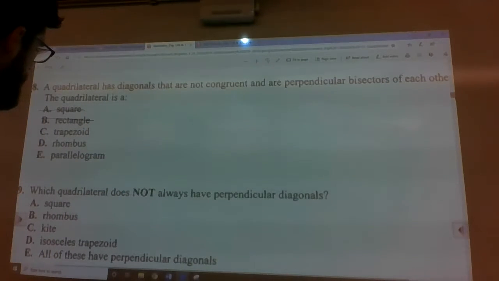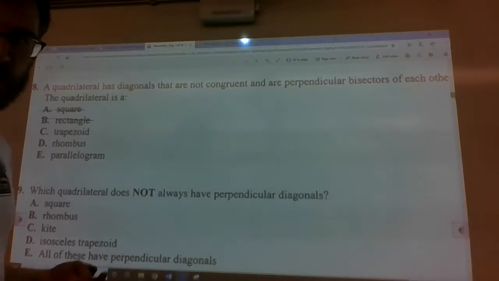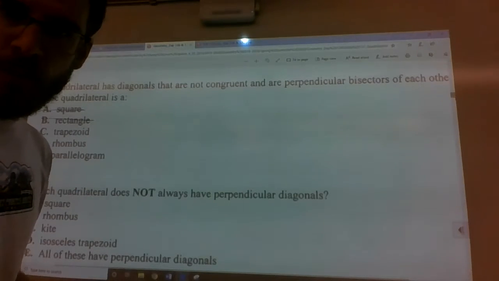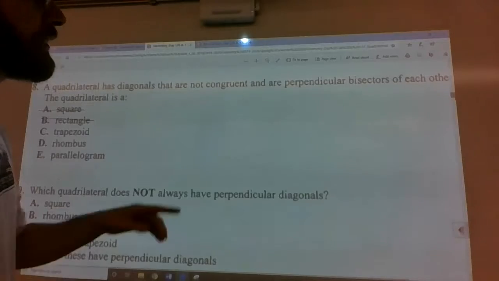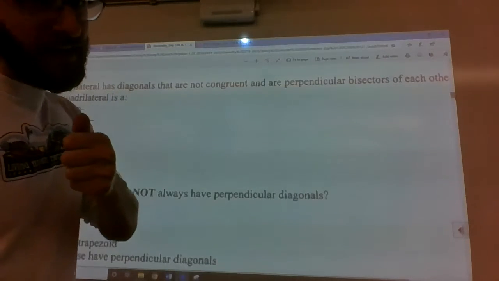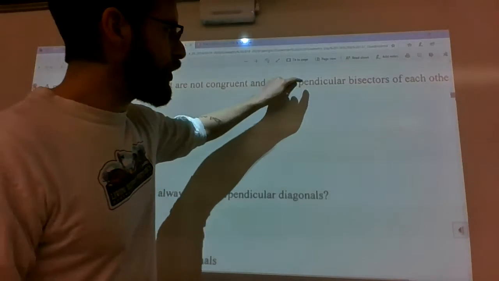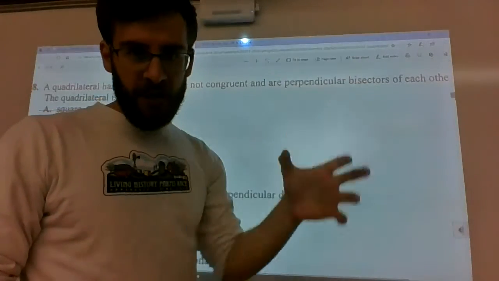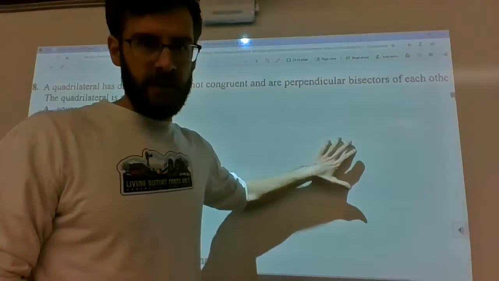Okay, so now we have 3 figures in which I could easily draw a version of them in which the diagonals are not congruent. So now we're gonna crank it up a notch. We're gonna say perpendicular bisectors must describe the remaining ones.